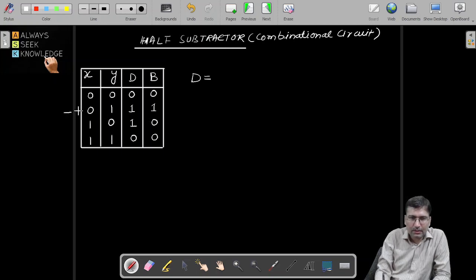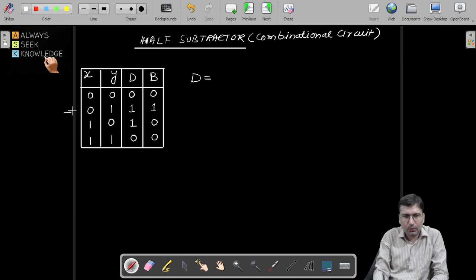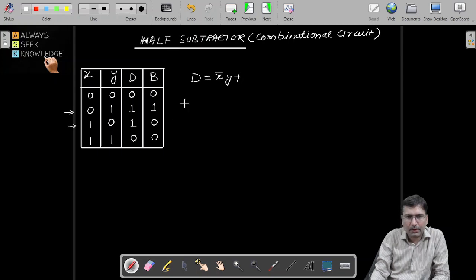There are two places where D is high. For the first place, if you write, it is x bar y, or the second place is x y bar. I have already discussed in my previous lecture that this Boolean expression is for XOR. So this is x XOR y, right?